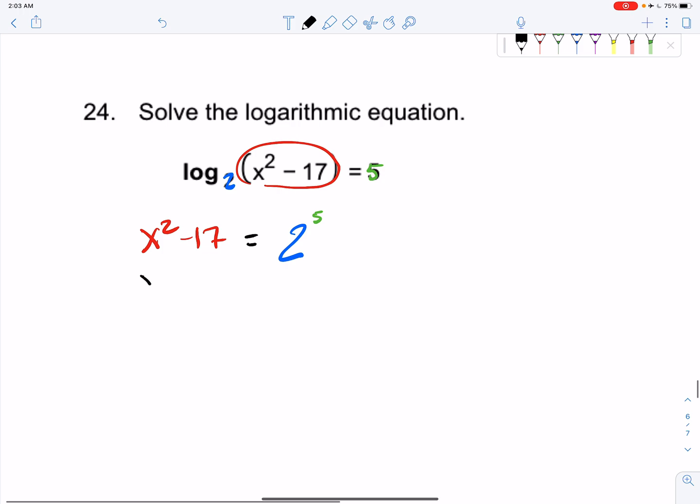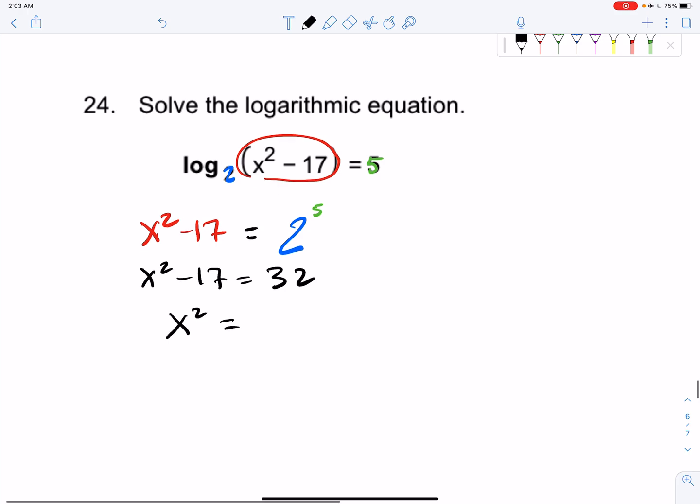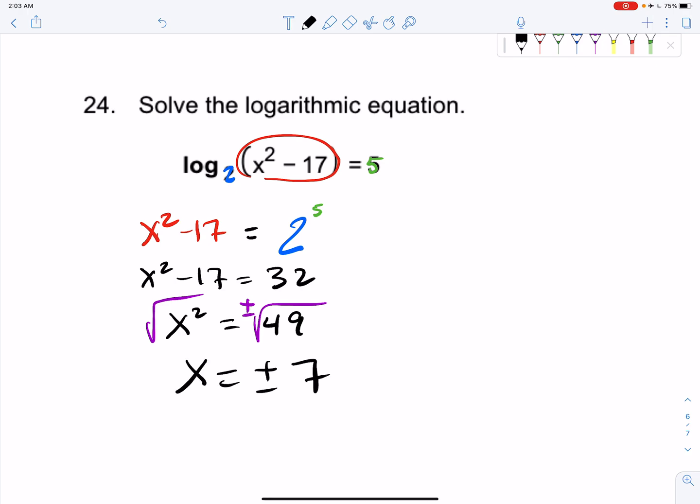So x squared minus 17 equals 2 to the 5th, which is 32. If you add 17 to both sides, we get x squared equals 17 plus 32, which is 49. And how do you undo the square? You square root. And when you square root, we say plus or minus. Be careful. We're saying plus or minus 7.